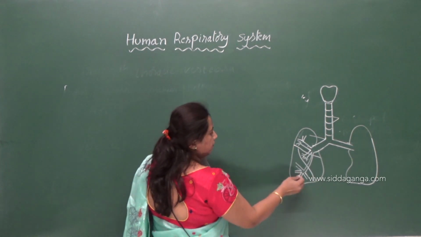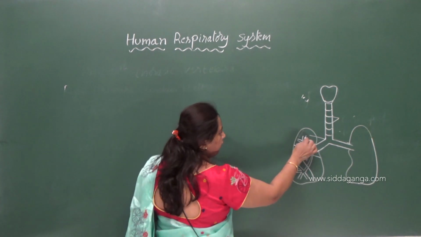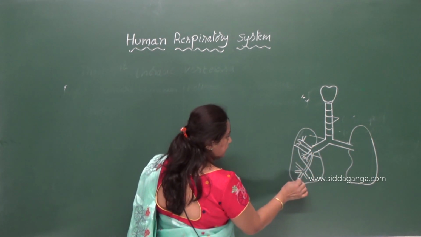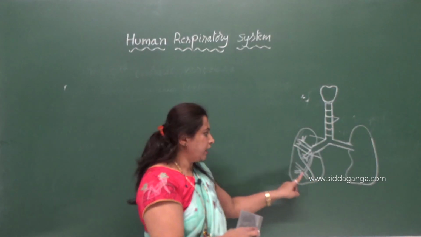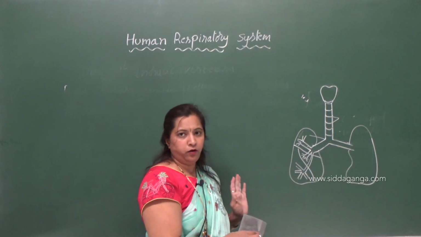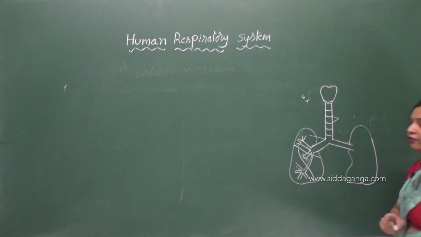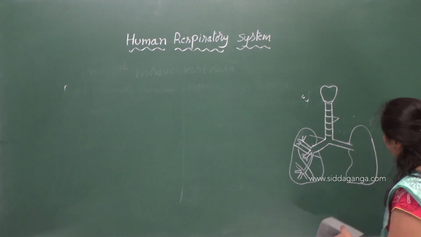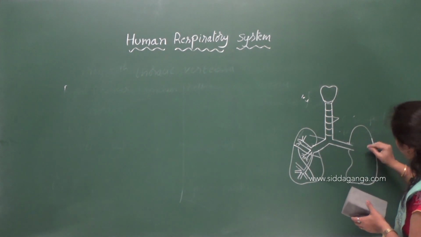The number of tertiary bronchi in the right lung is 10: 1, 2, 3, 4, 5, 6, 7, 8, 9, 10. Now the left primary bronchus, on entering the left lung, will divide.